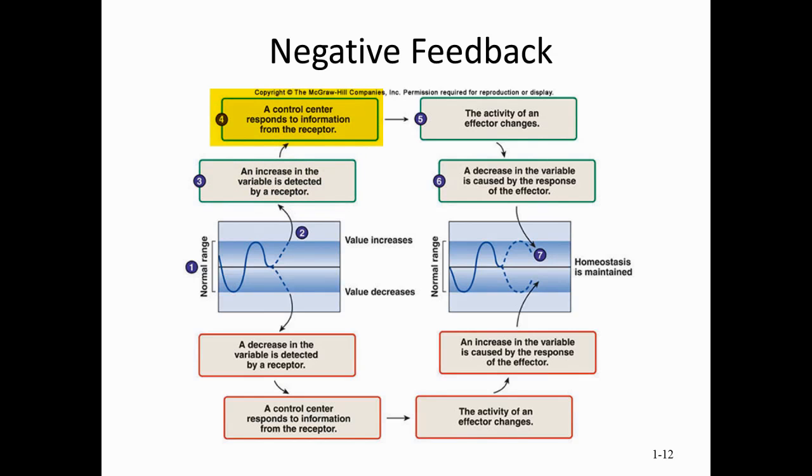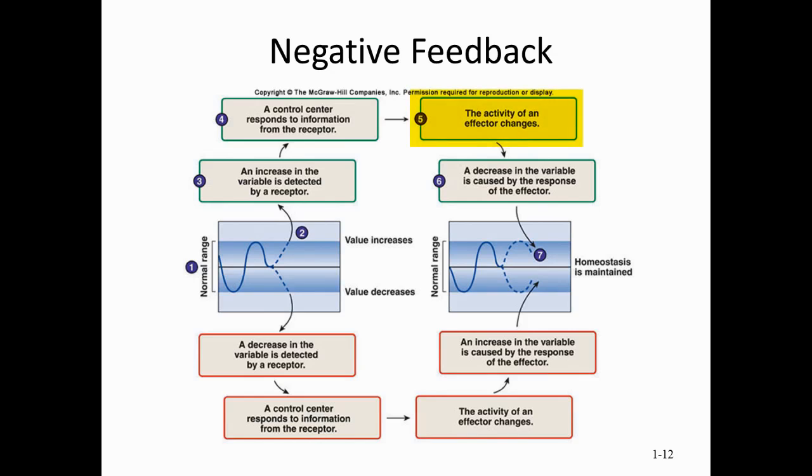And then number 4 here, a control center responds to information from the receptor. Okay, now again, if we look at our thermostat, the thermostat itself would be the control center. So the receptor is the thermometer. The control center is going to be the thermostat itself.